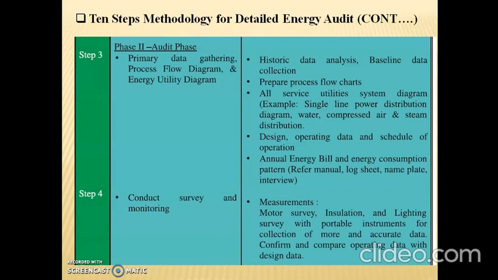Then insulation and lighting surveys: insulation testing of steam lines or the chilled water lines. Then lighting survey with portable instruments, the existing wattage of the various luminaires. Then confirm and compare this operating data with the design data. So this is step 4.